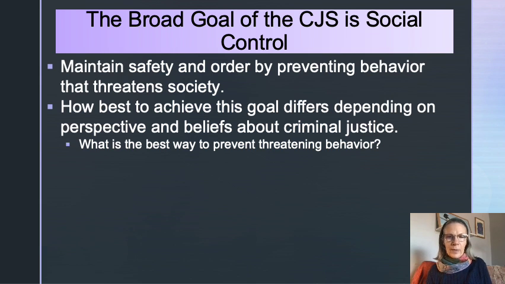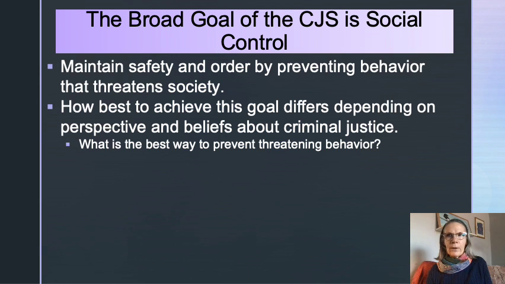And, from their perspective, the best way to prevent crime or threatening behavior is to be really harsh, right? That when a person commits a crime, you punish them harshly, and it sort of sends a message to others within that society.